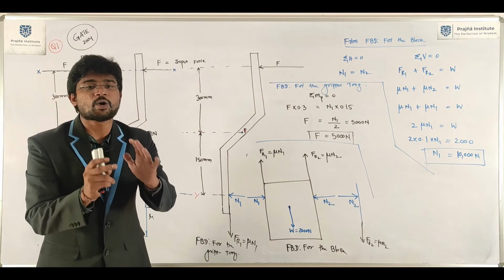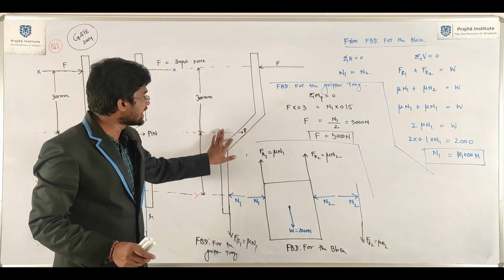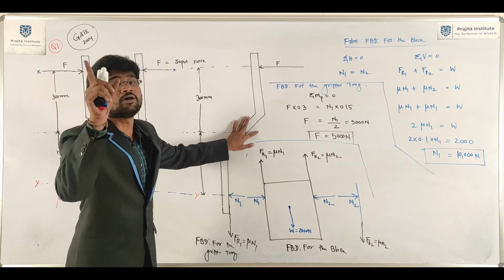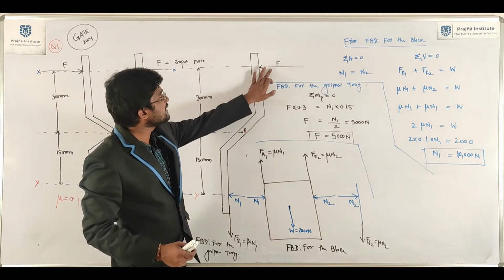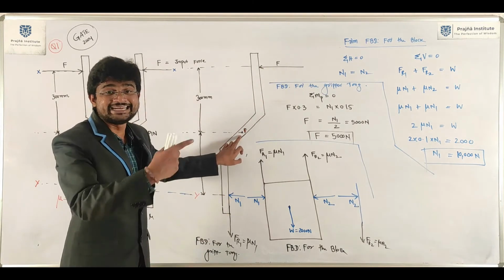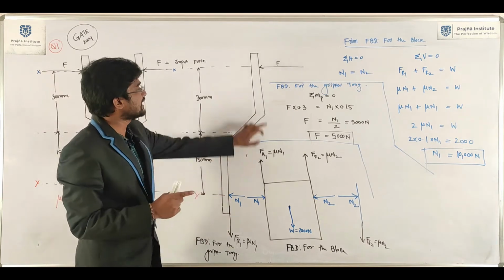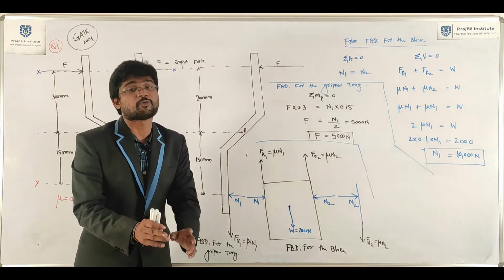Better to apply moment about point P. Moment of F about this point is anti-clockwise, moment of N1 is clockwise, then you will get F into 0.3 equals N1 into 0.15.